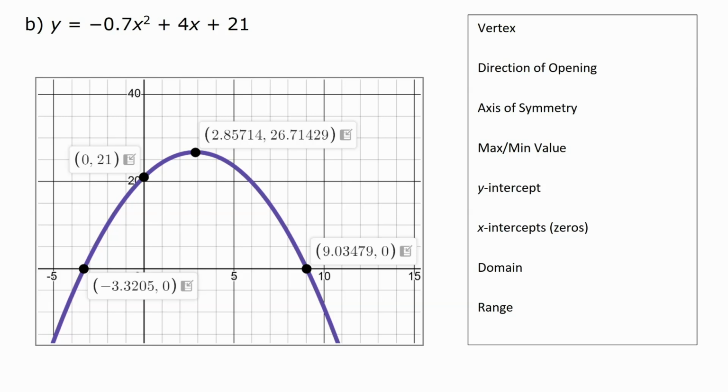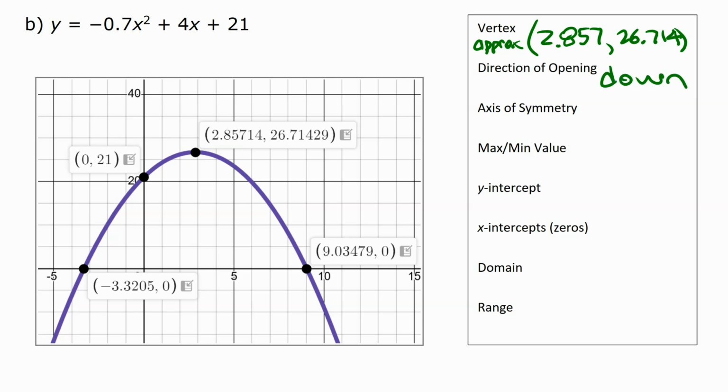So for the vertex, I'm just going to write down that it is approximately, I'll even just do 3 decimals here, 2.857, 26.714. And then, of course, the direction of opening is down.